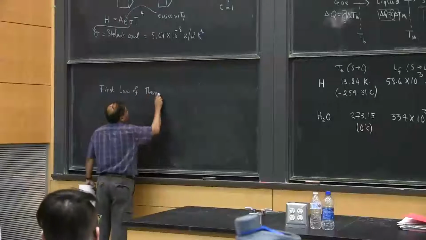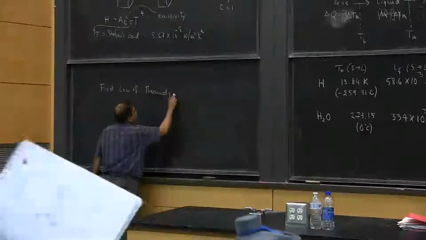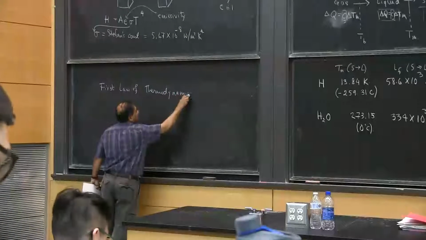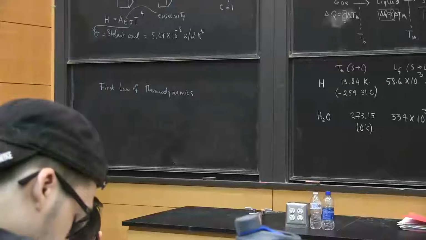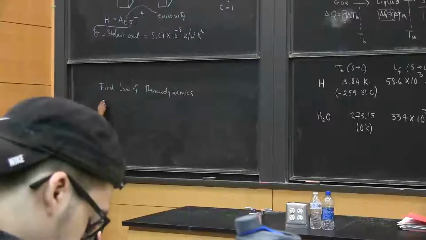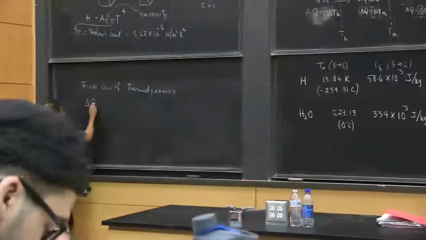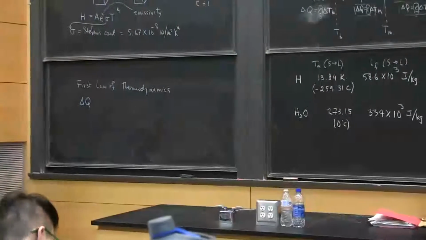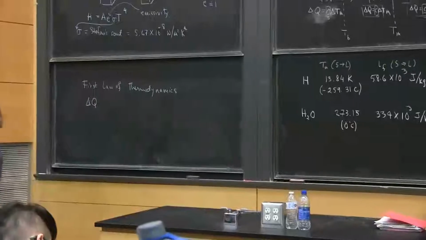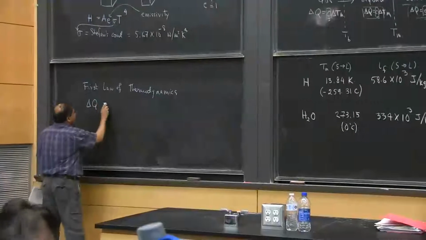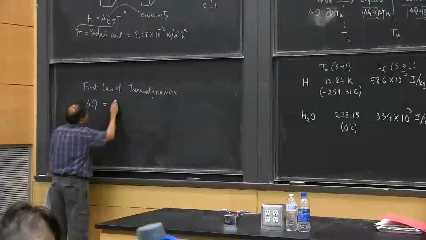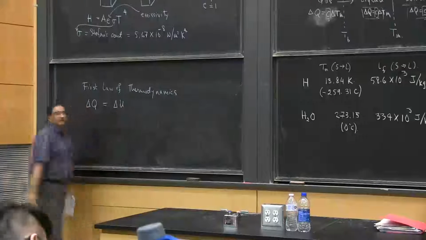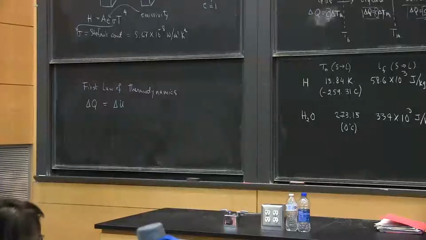And the first law of thermodynamics has a very interesting and very simple form. It's an energy conservation law, actually. And it tells you that if you, let's say, give something an amount of heat delta Q, two things happen. First, its internal energy can go up.